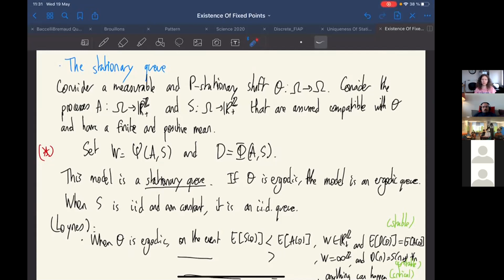Basically, it means that the shift is well mixing. And if the shift is ergodic, then we call the model an ergodic queue, which is exactly our situation.